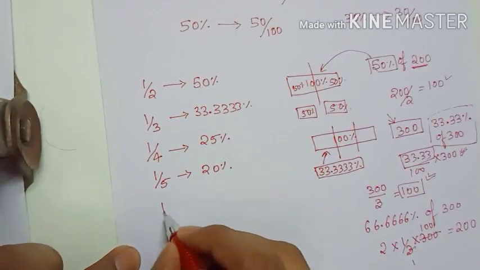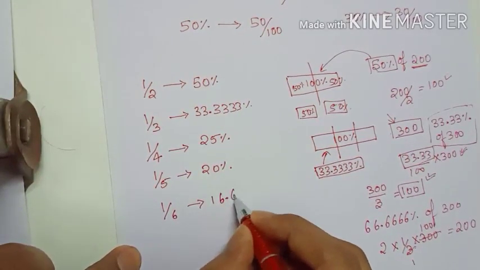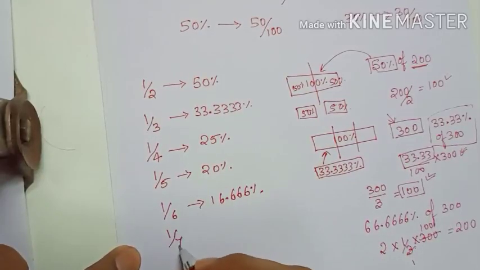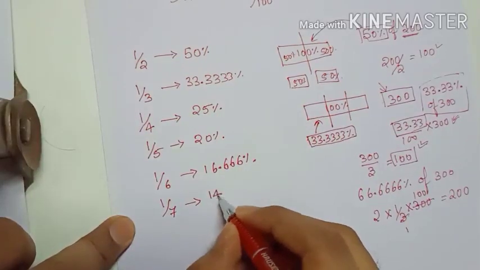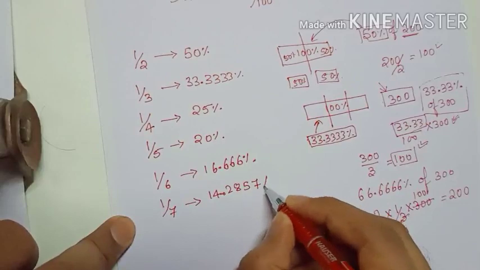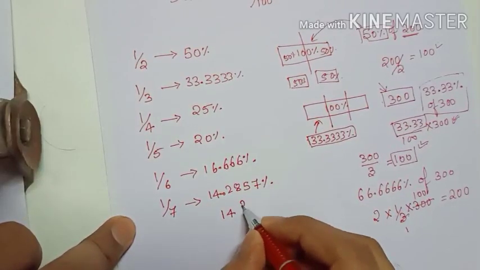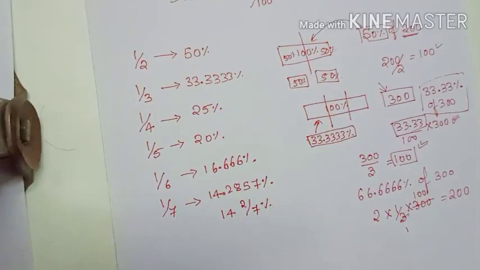Again 1 by 6, it stands for 16.666%. So 1 by 7 stands for 14.2857%, or also you can write it as 14.2 by 7%. Getting this? This is for 1 by 7.